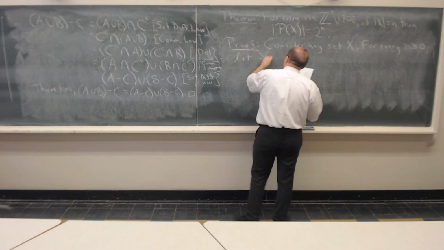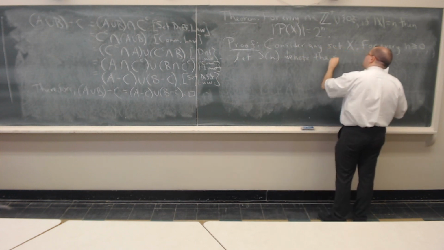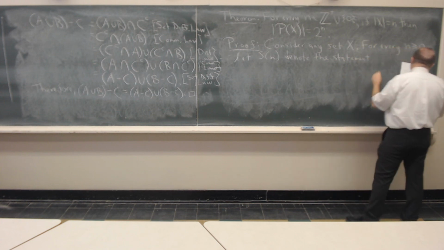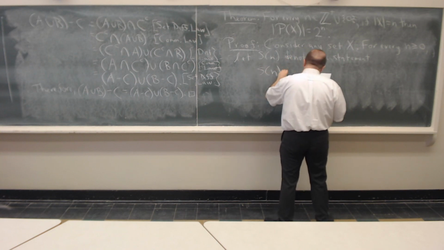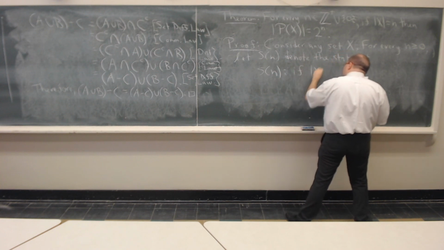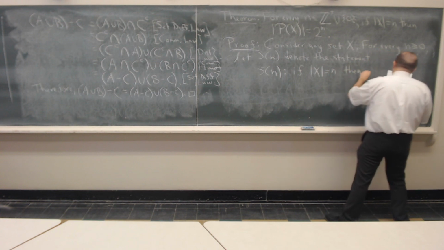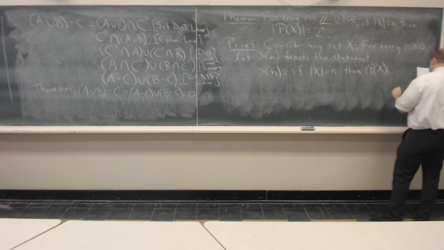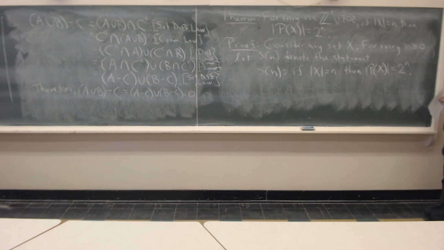Let S of n denote the statement: if the cardinality of X is equal to n, then the cardinality of the power set of X is equal to 2 to the power of n.